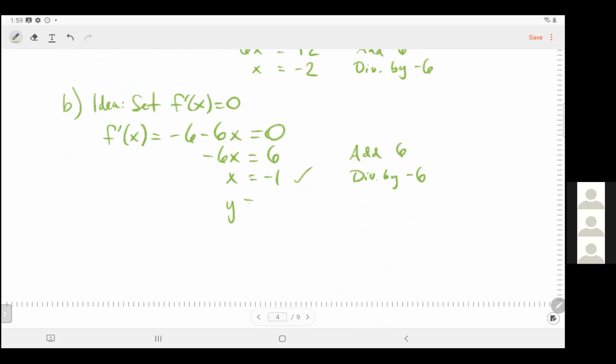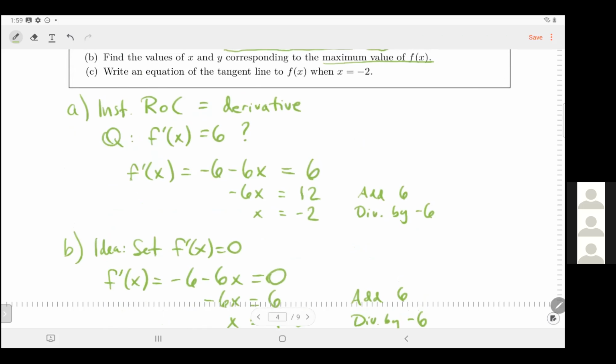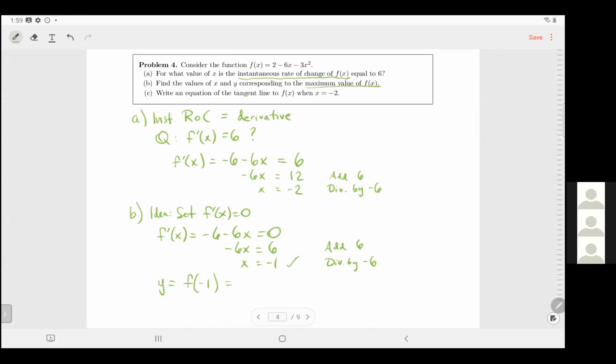And then the y value is what I get when I plug in the x value to the original function. So sometimes students plug it into the derivative because they have it sitting there, but keep in mind, if I have an x value and I want to know the y value, I have to plug it into the original function. So f of negative 1, I have to zoom out, see what that is again.